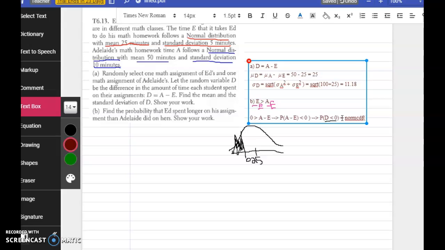My lower bound's negative infinity. My upper bound's 0. The mean was 25 and our standard deviation was 11.18, I think. And if you do that in the calculator, you end up getting 0.013.